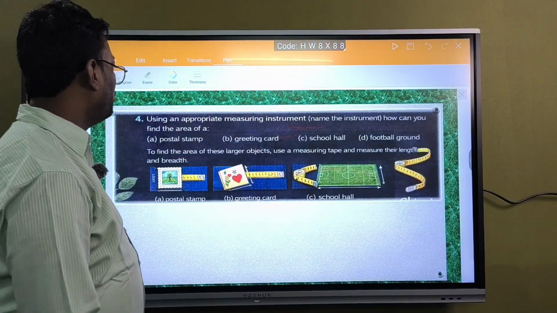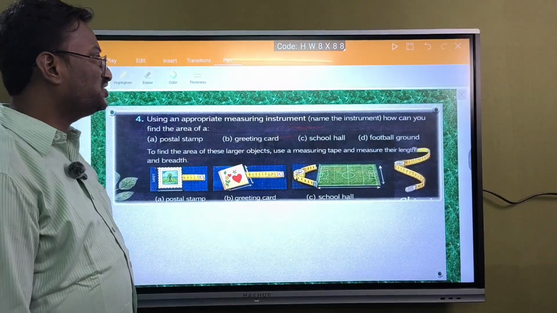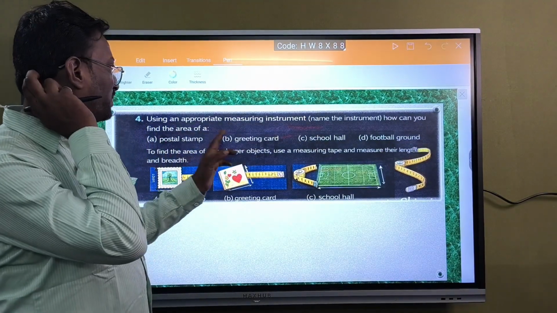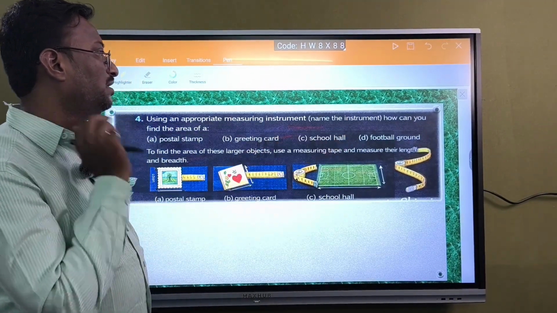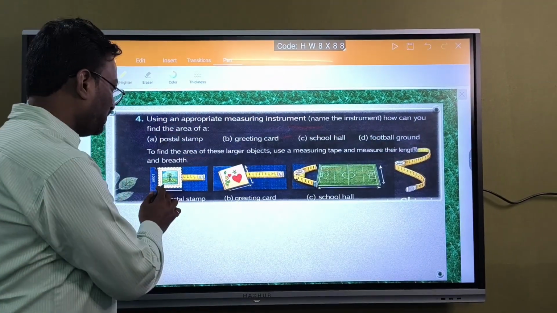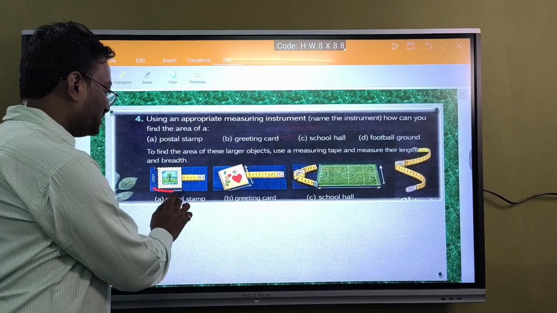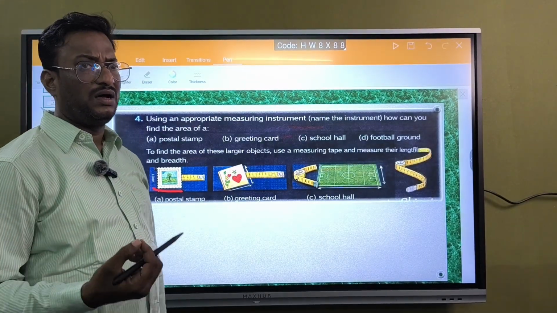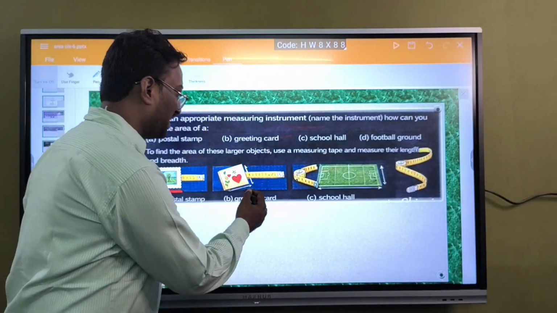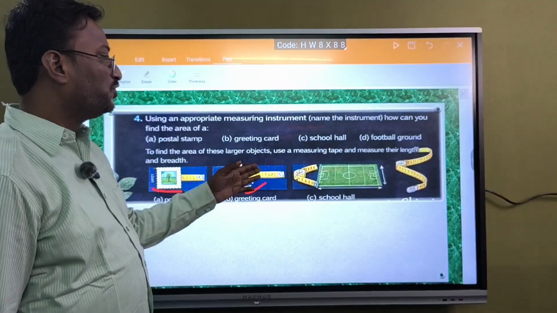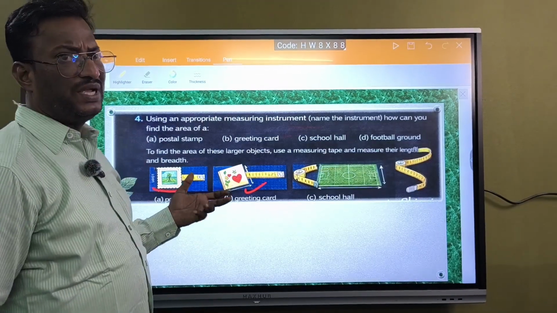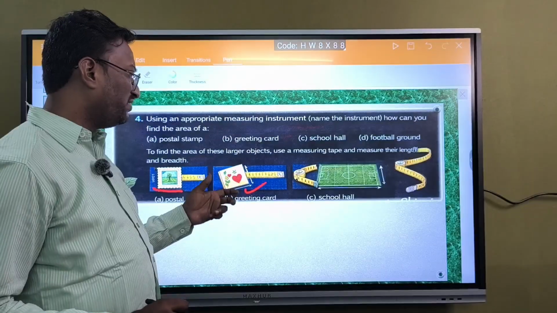Next, we go for using an appropriate measuring instrument. How can you find the area of a postal stamp, greeting card, school hall and football? For a postal stamp, a small centimeter or millimeter scale is enough. For a greeting card also a scale is enough, or a measuring tape in millimeters. You can even measure in inches.